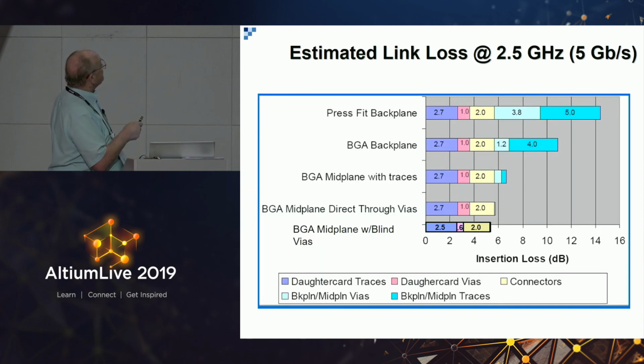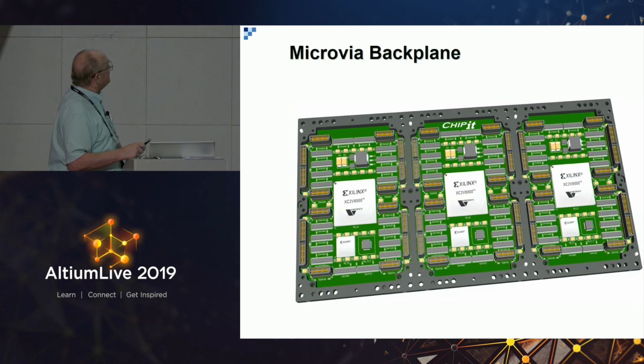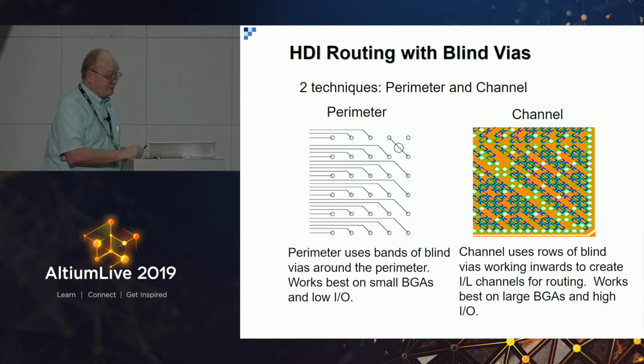So this is like, say, press fit backplanes at 5 gigabits per second, the dB loss all the way down to a blind via midplane with about 5 dB loss compared to over 14 dB loss. And these are some of the microvia backplane design.